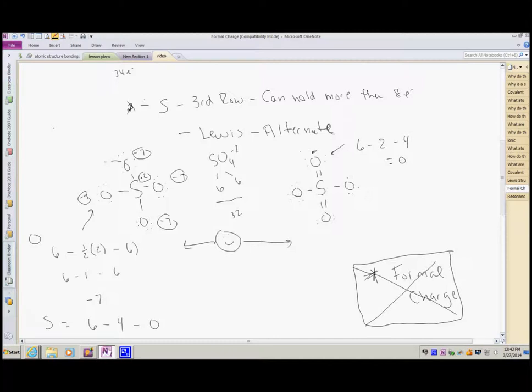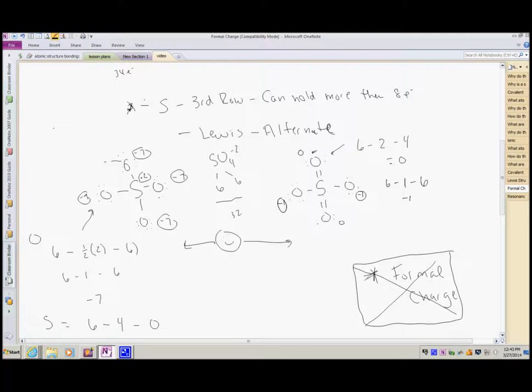So this now has a formal charge of 0. And this guy here, also formal charge of 0. This one here would be 6 minus 1 minus 6. So 6 minus 1 is a 5, minus 6 is a -1. So -1 here and -1 here.